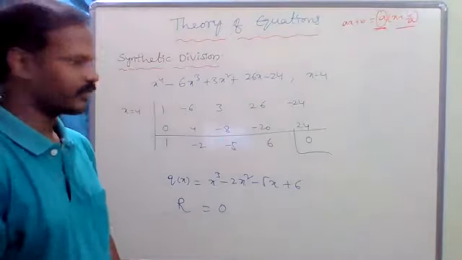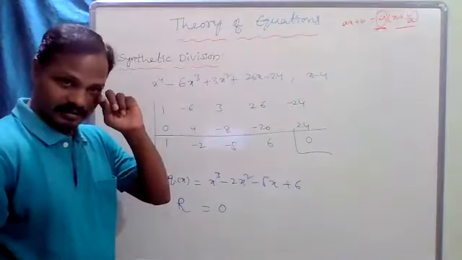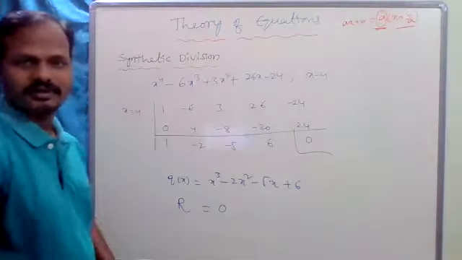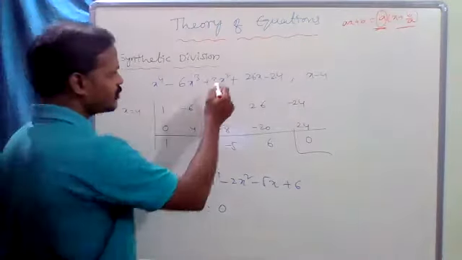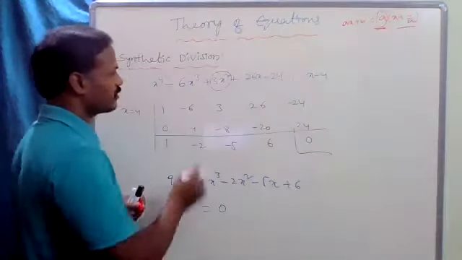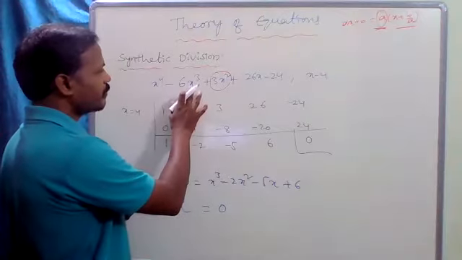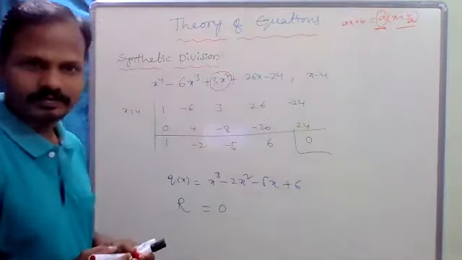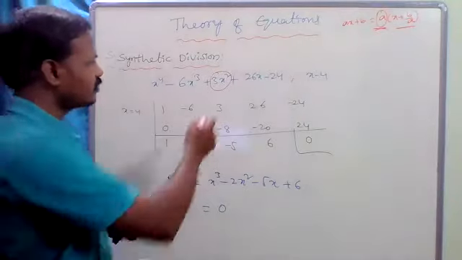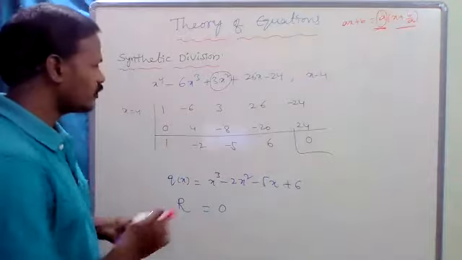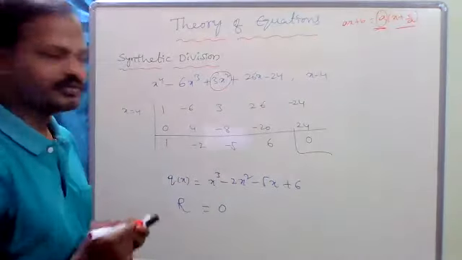Okay. So now, suppose this term is missing. That means x power 4 minus 6x cube plus 26x minus 24 is given. So this term is missing. Then what will you do while writing the coefficients?